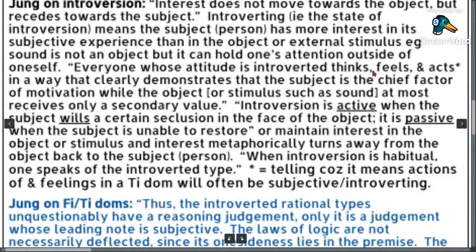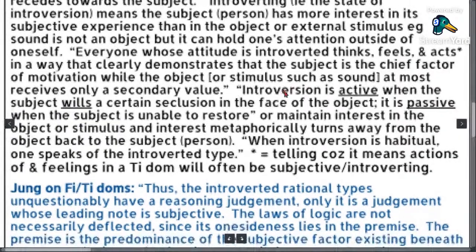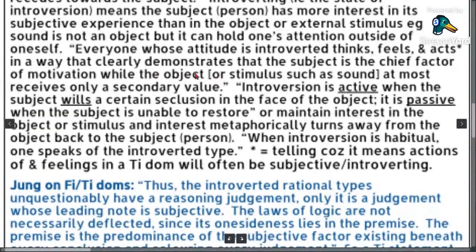So if you've got an INTP, that means they're doing a lot of FI, because their feeling is subjective. Their feeling is introverting. Right. So it's all colored by subjectivity. This is why I'm calling it subjective.